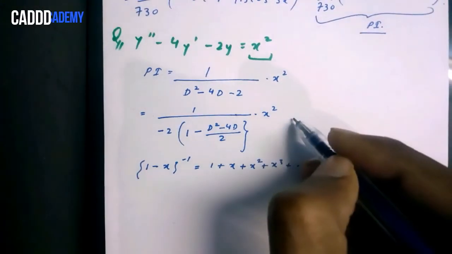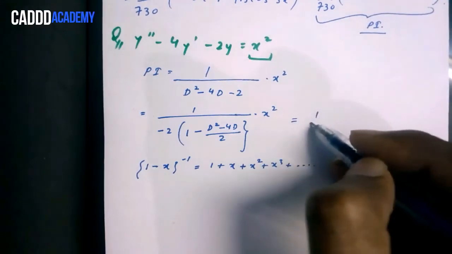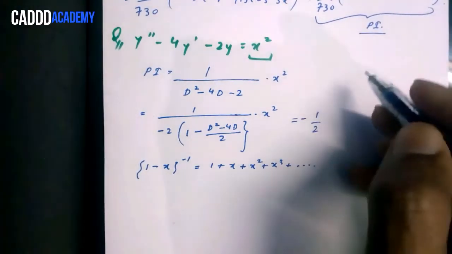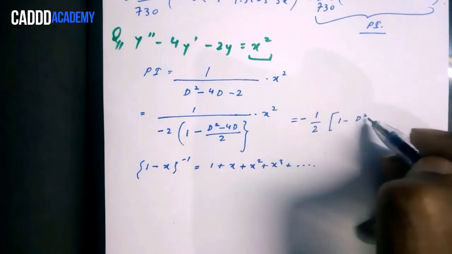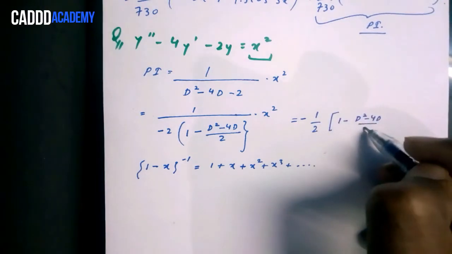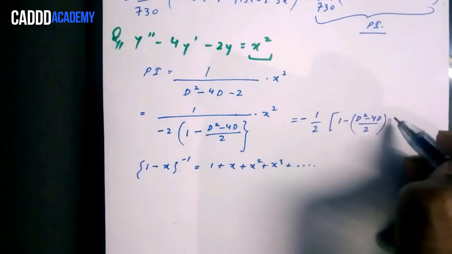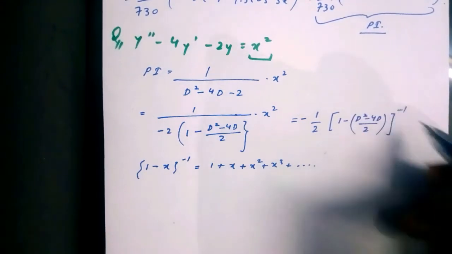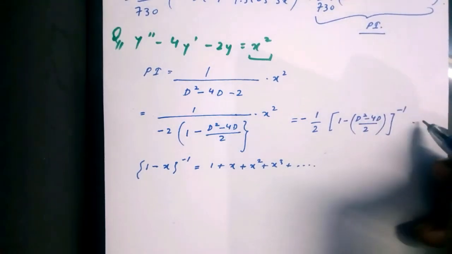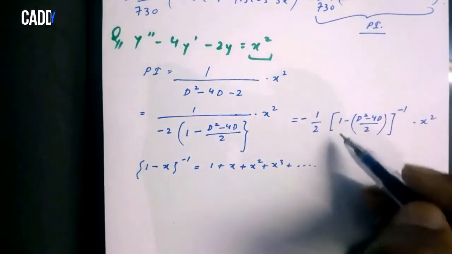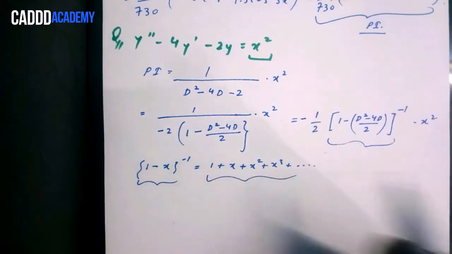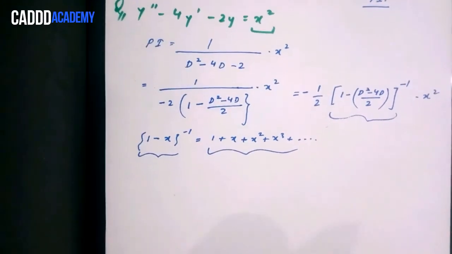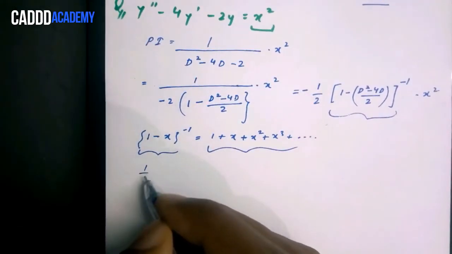So we will rewrite this equation as minus 1 by 2 into (1 minus (d square minus 4d by 2)) inverse, into x square. So this thing is this, and we will expand it using this expansion. So we will have what?